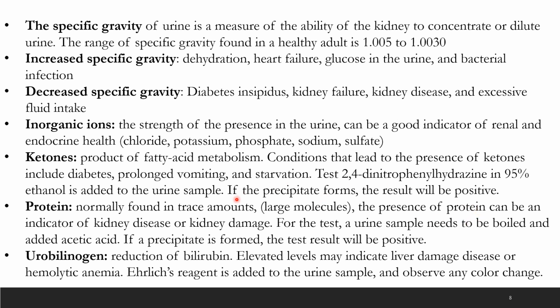For protein, the urine needs to be boiled with added acetic acid. If a precipitate is formed, the test result will be positive. For the bilirubin test, we use the Ehrlich reagent. When added to the urine, we observe for color change. If it turns pink, that's a positive result for bilirubin.